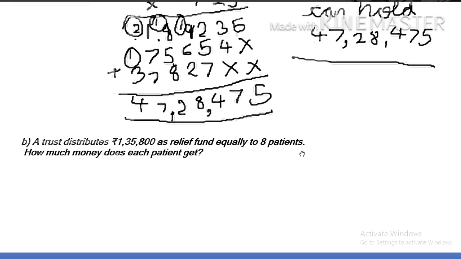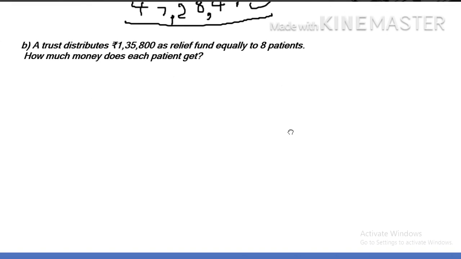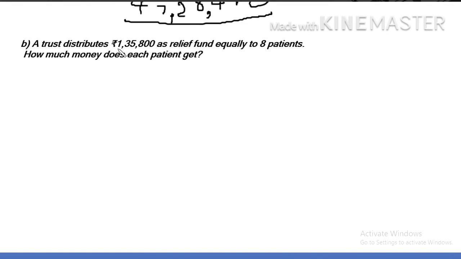Now our last question. A trust distributes rupees 1,35,800 as relief fund equally to 8 patients. How much money does each patient get? So it is asking that this much money was distributed to 8 patients. So each patient from 8 patients, how much money will each get?